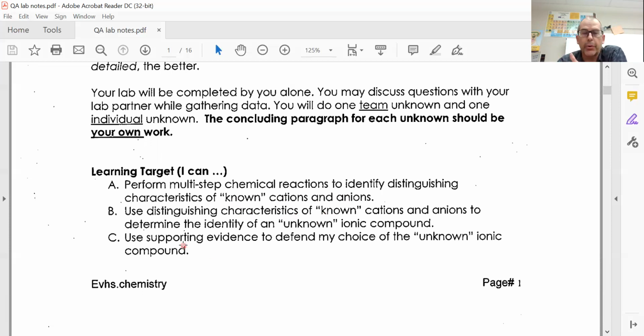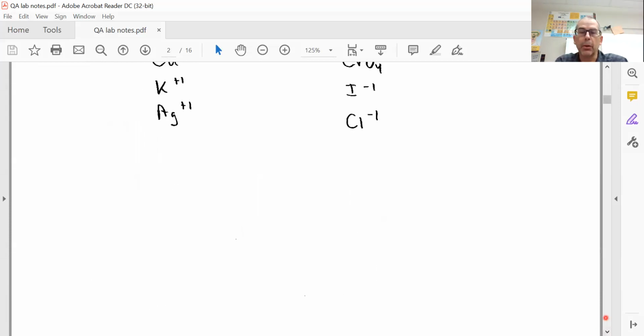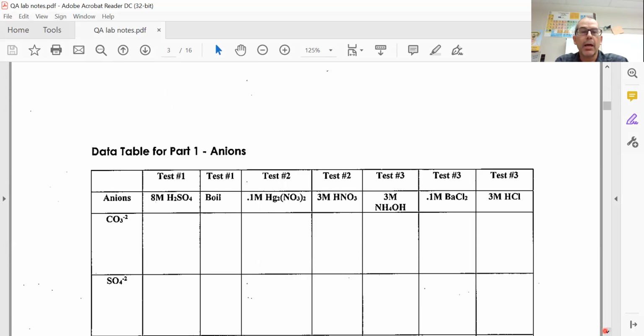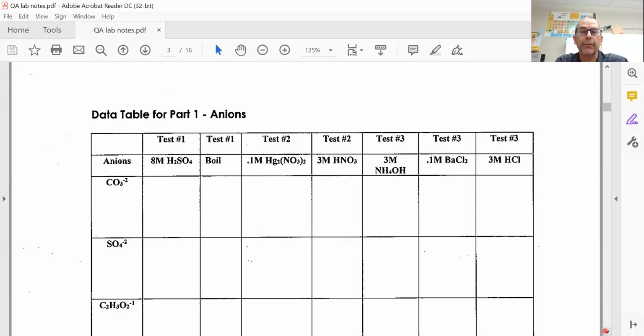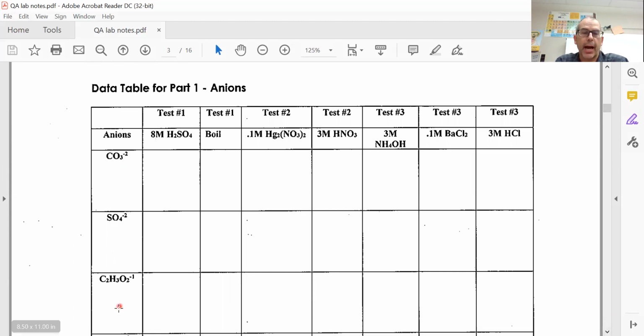Ultimately, not only are you going to identify the right ionic compound, but you're going to use supporting evidence to defend your choice. So there's a writeup part that we're going to be looking at too. This is how it may look as you're getting your data. If I'm doing the negative ions, there are 6 ions that run down here.